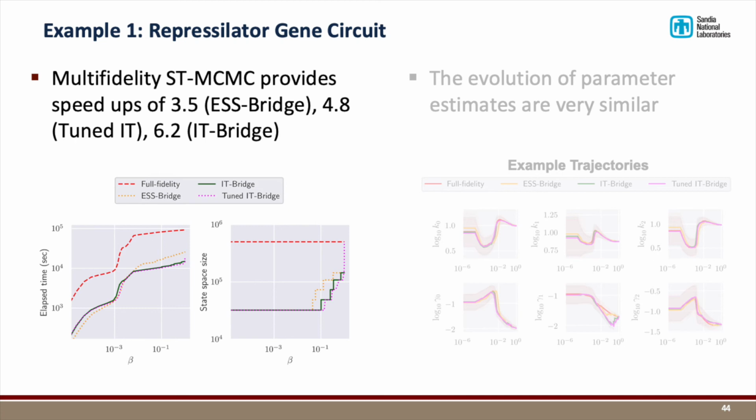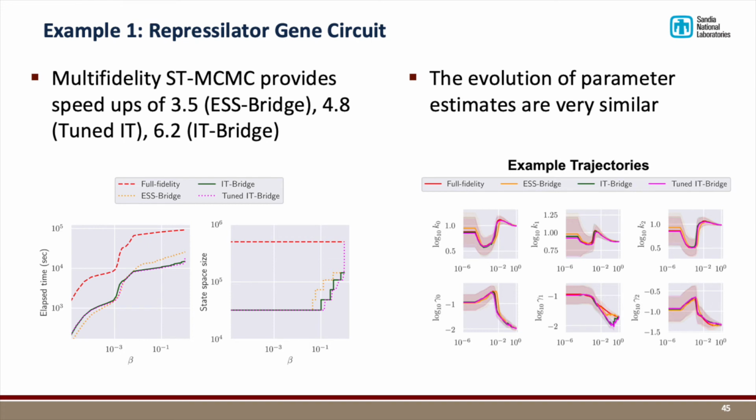Finally, we can see that both the ESS bridge and the IT-tuned bridging methods actually are able to reach their final level without needing to get to the full fidelity posterior. This means that the sample population made with the lower fidelity model is actually sufficient for importance sampling the highest model fidelity. So the highest model fidelity actually never needs to be used within MCMC.